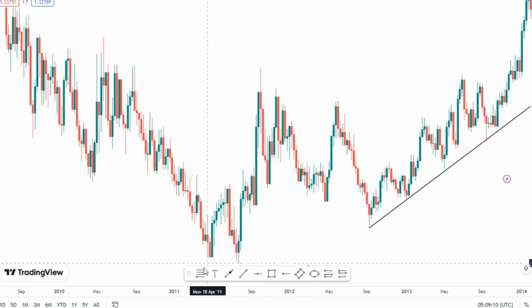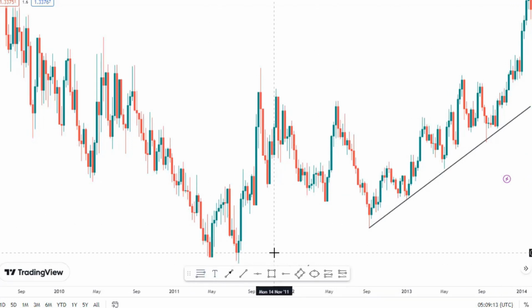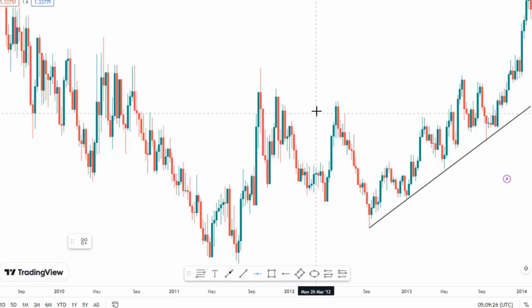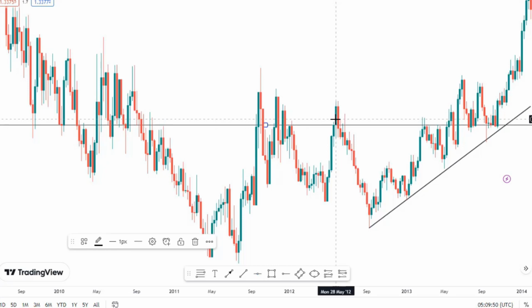Then the next tool that you are going to be looking at is to find areas of visible support or resistance. So I'll just quickly take this and come around here. It's not really easy to identify your support and resistance lines, but with experience you can definitely find where you have more things going on. Let me keep my line here.